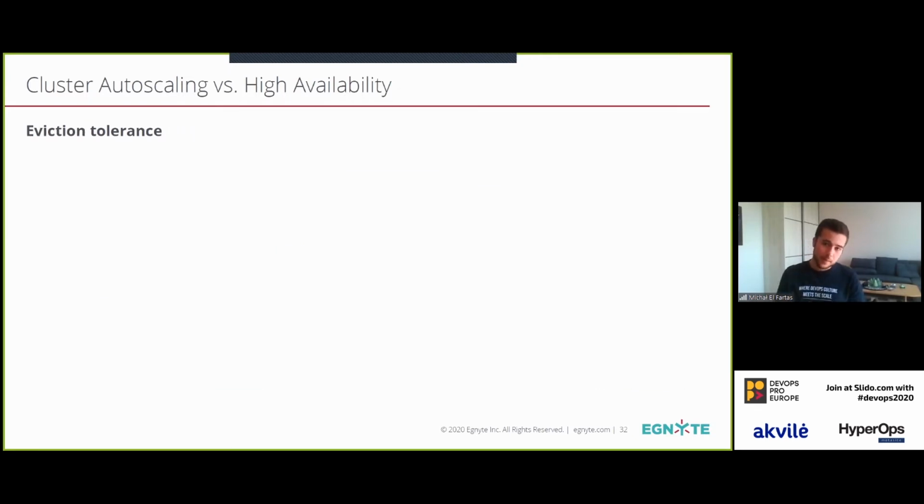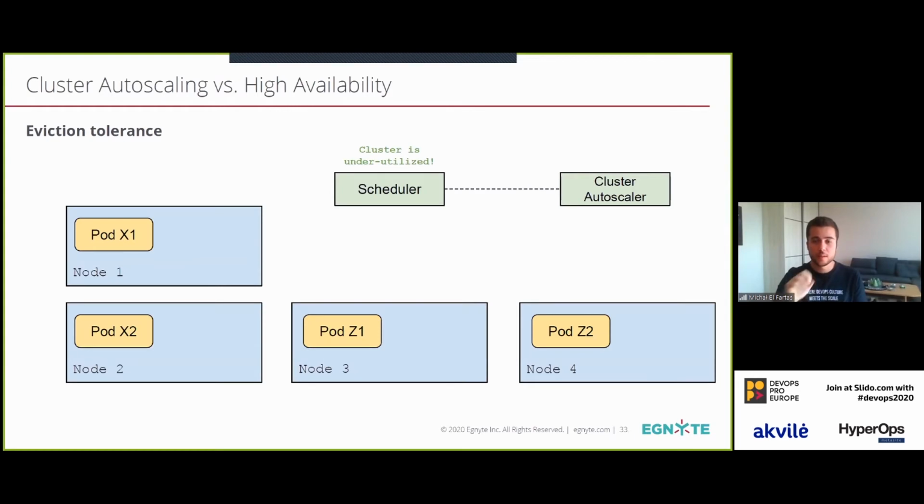So next step is eviction tolerance. I showed you previously that eviction is a bit different from termination. And let's see why. Well, let's have a look at this cluster. It's a similar case to what we had previously, but now instead of 3 nodes, we have 4 nodes.